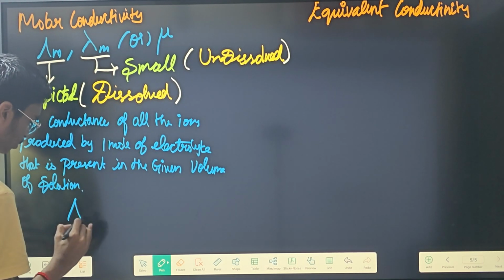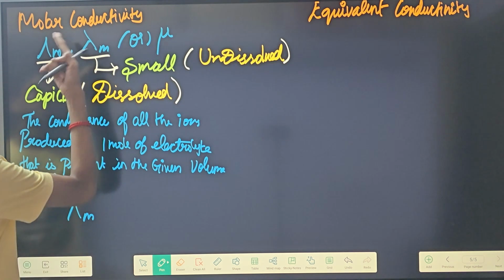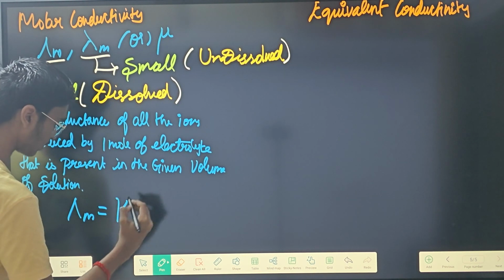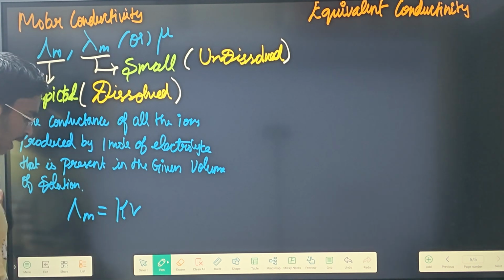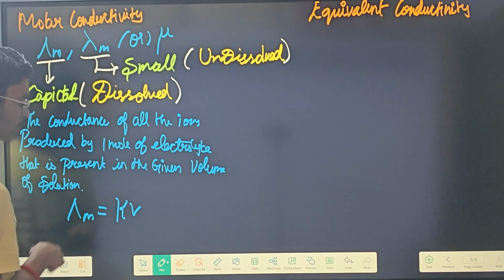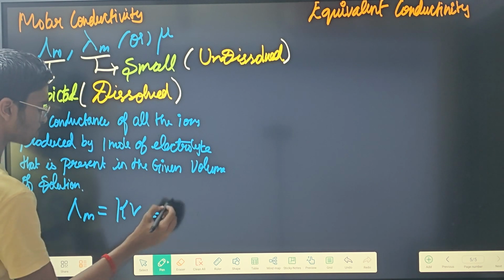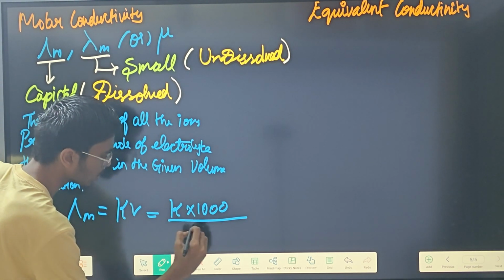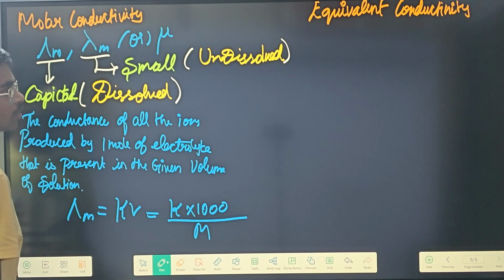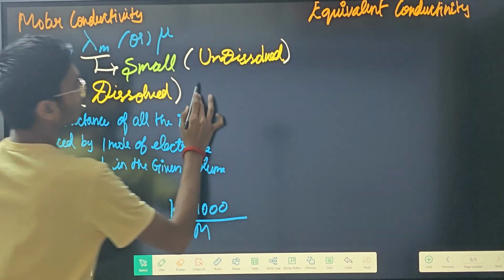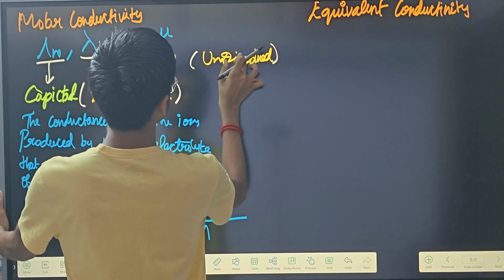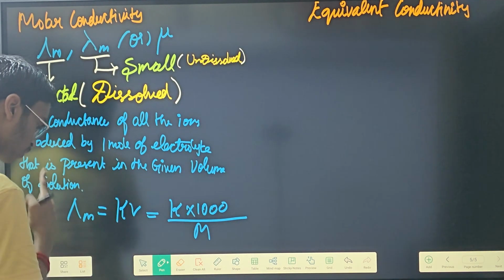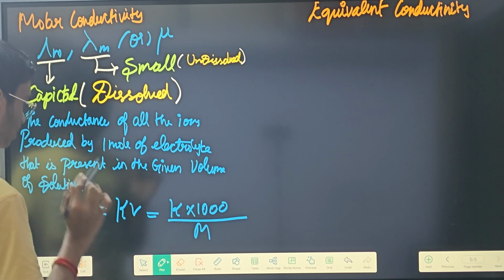So this is what is used to represent molar conductivity: molar conductivity is equal to K, conductivity, into volume. Volume can be represented in terms of concentration, which means K, conductivity, into 1000 whole divided by molarity. Concentration is in mole per liter.